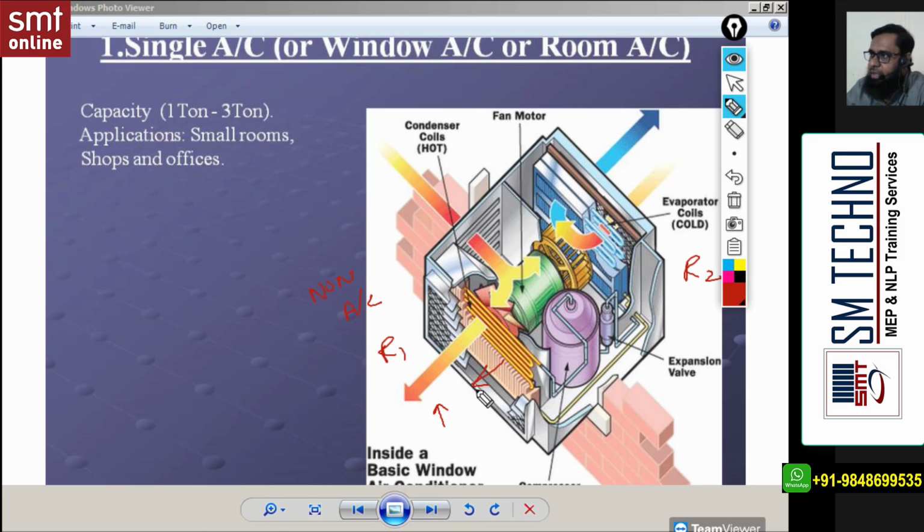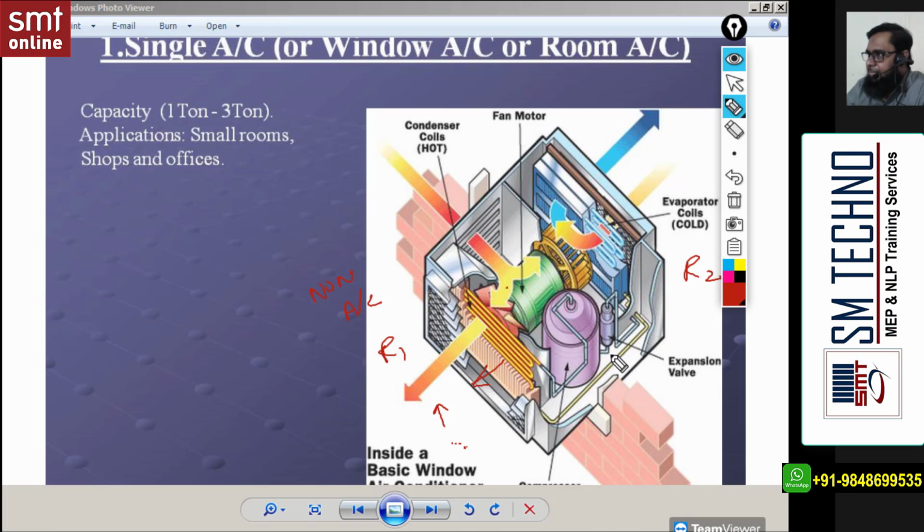After some time the suction air temperature and the throw air temperature will be the same. If the refrigerant temperature and the air temperature are the same, if there is no difference, there is no rejection of heat. Initially it can work for 15 minutes or half an hour, but after this the room temperature increases, and when the room temperature is the same as the refrigerant temperature, there is no rejection.